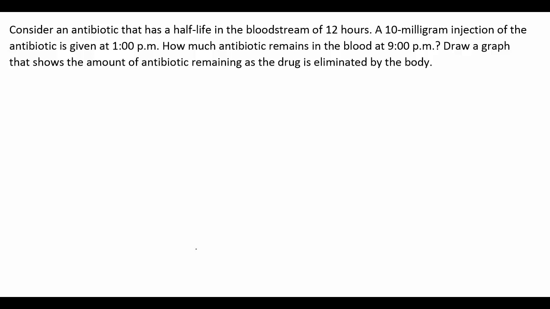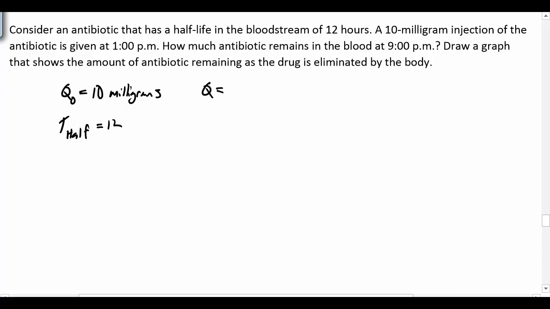Okay, I've got a couple of different questions to answer here. So let's start with what our initial amount is. Our starting amount is 10 milligrams. We'll just remember that it's milligrams, so we won't write that. And they told us that the half-life is 12 hours. So that means we're going to use the half-life formula.